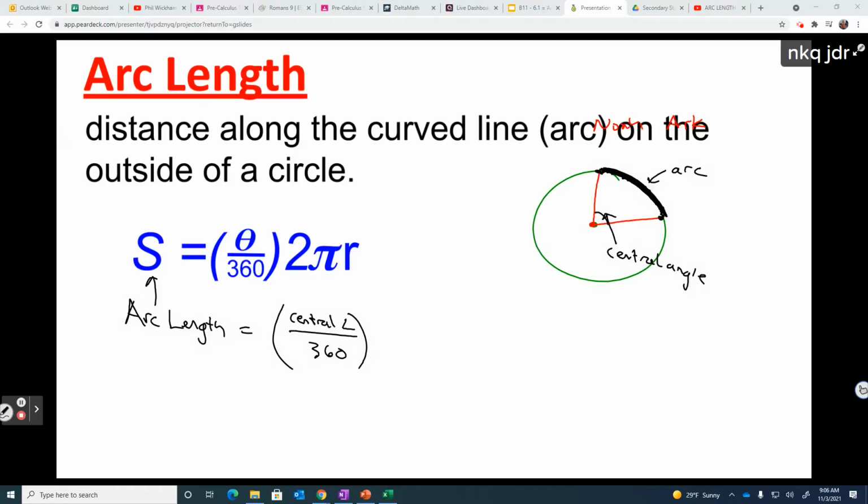So all we need is the central angle and a radius. That's where arc length comes from. It's a portion of the entire circle times the circumference. Should make logical sense. So that's arc length.